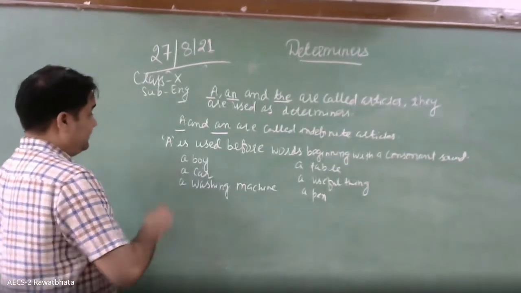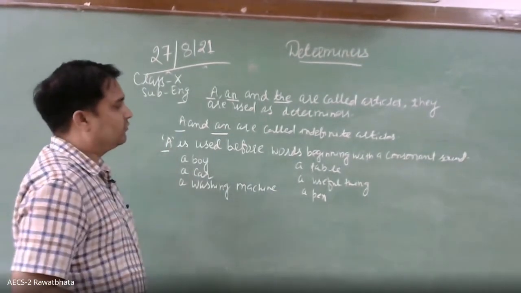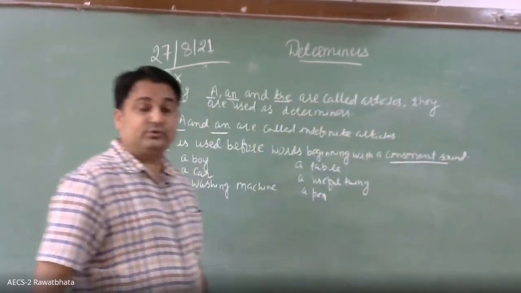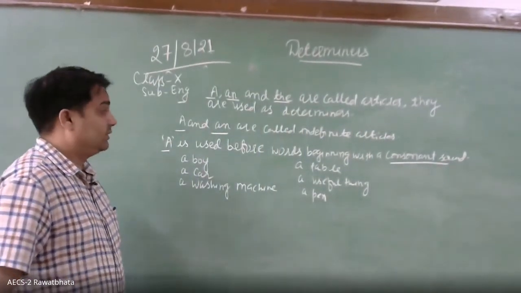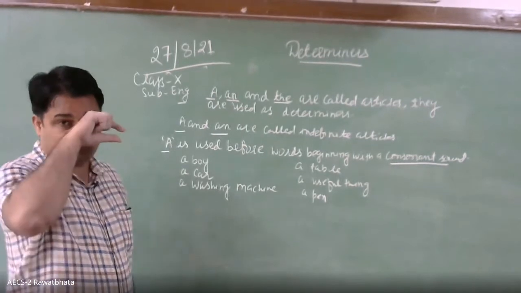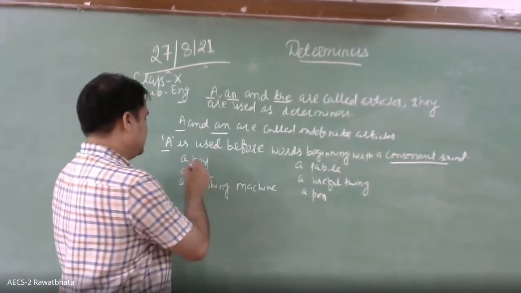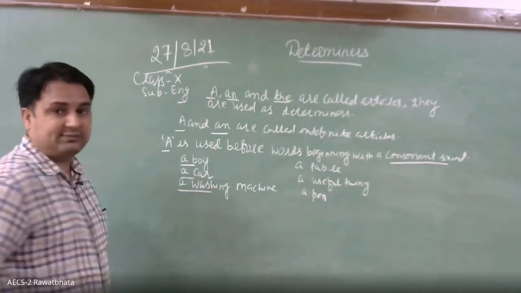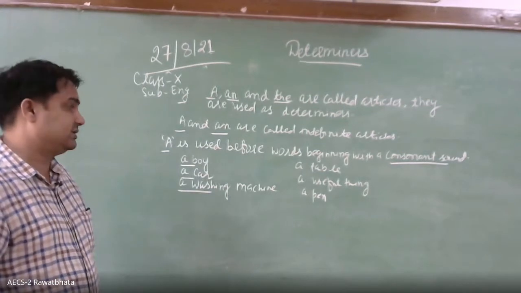All these are examples. A is used before words beginning with a consonant sound. Bowl, car, washing machine, these are consonant sounds.